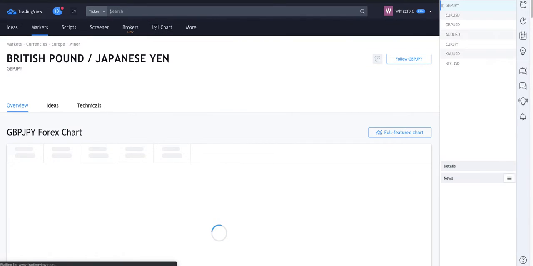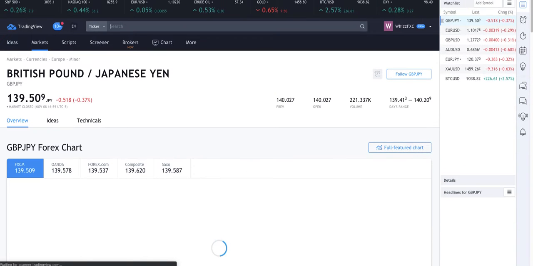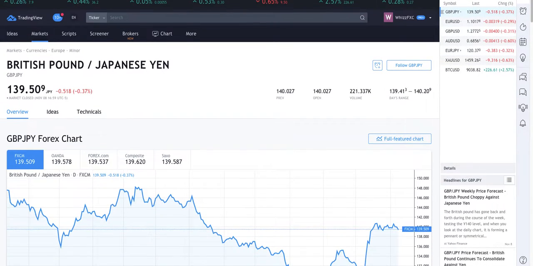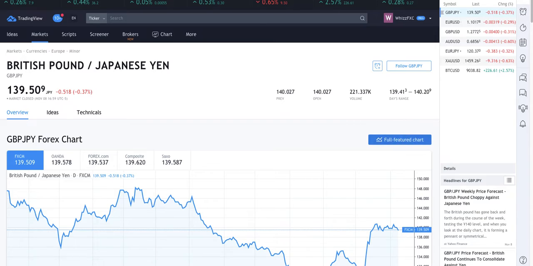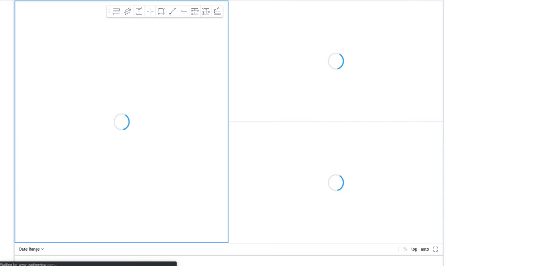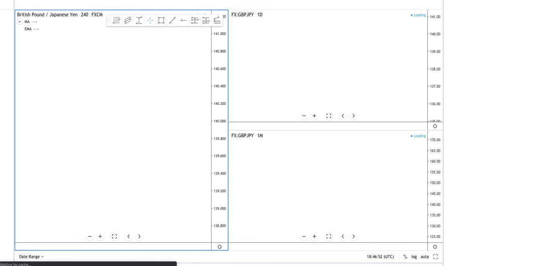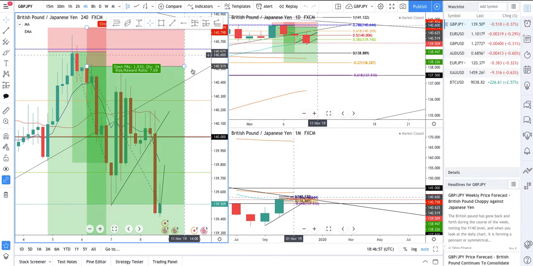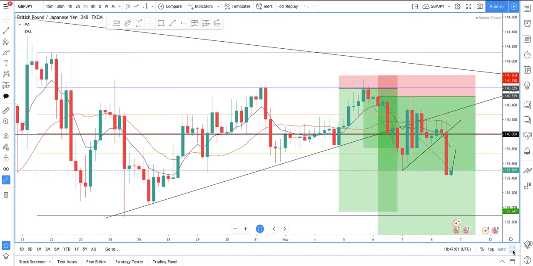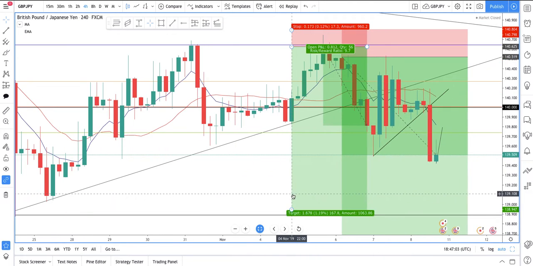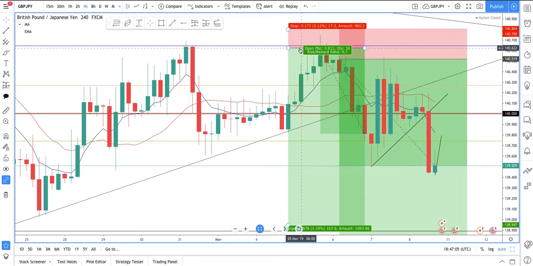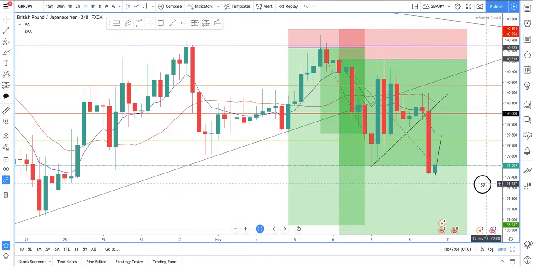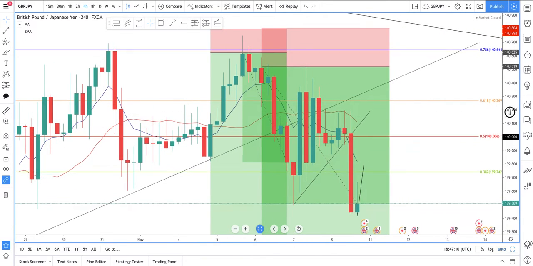Okay, I need to make the screen a little smaller. There you go. As you can see, these are my current trades running at the moment. So I entered right here. I'm currently in about 50 or so pips in profit.